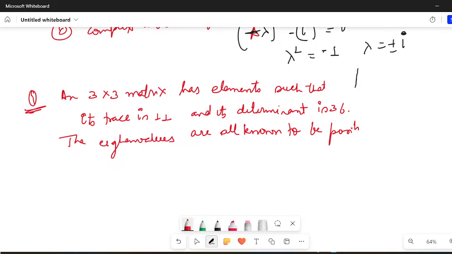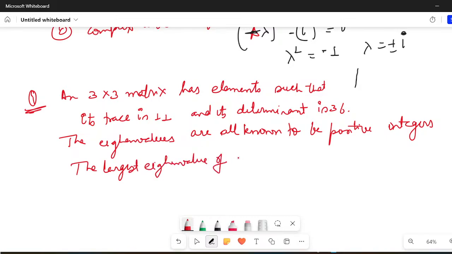The largest eigenvalue of the matrix is: option A is 18, option B is 12, option C is 9, and option D is 6.